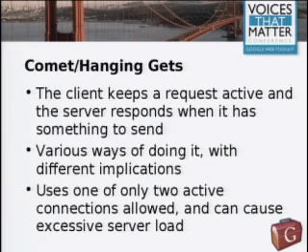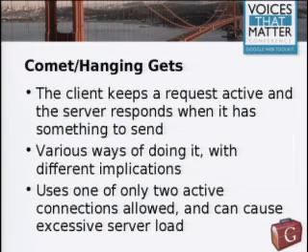The client might then immediately turn around and issue another get for the next time the server needs to talk to it. One of the big problems with this is you're using up one of your two allowed connections. So if you have two connections to two different servers like this, you aren't doing anything else.